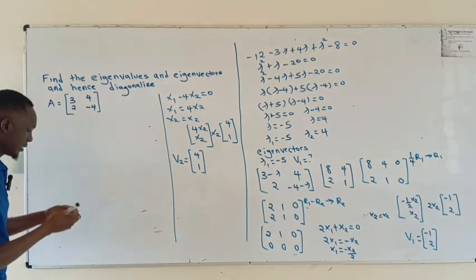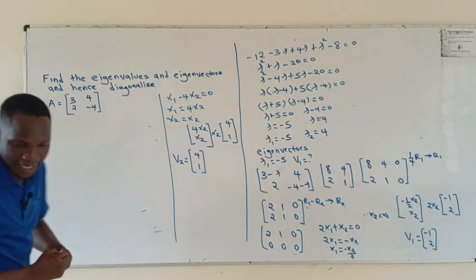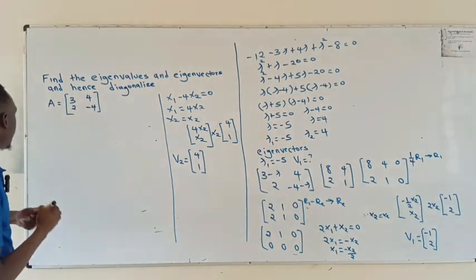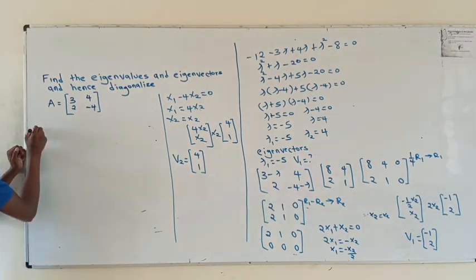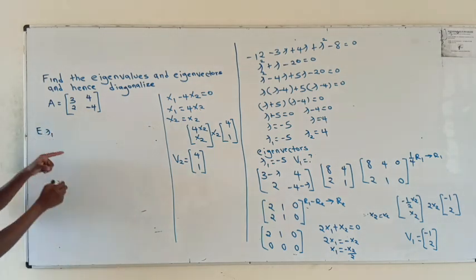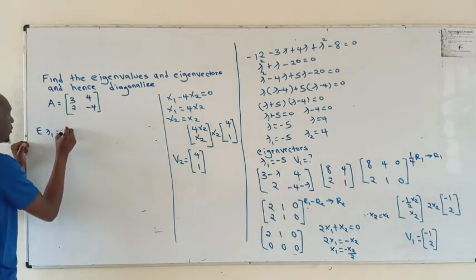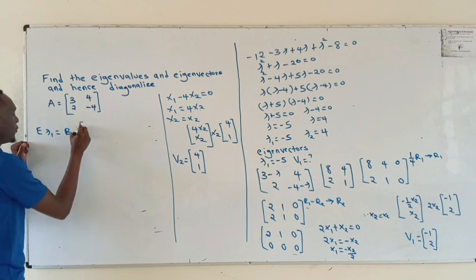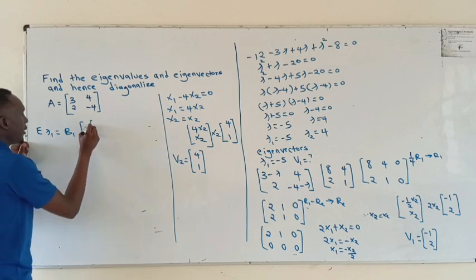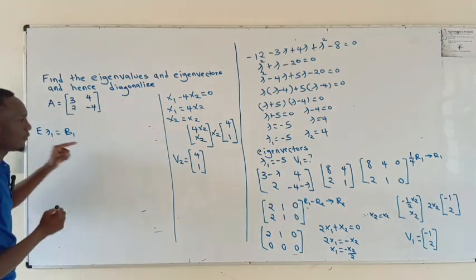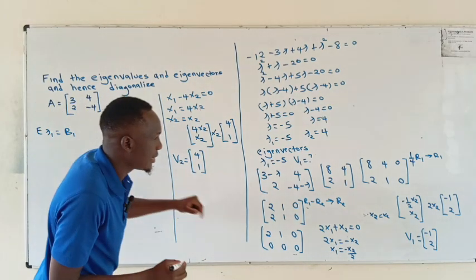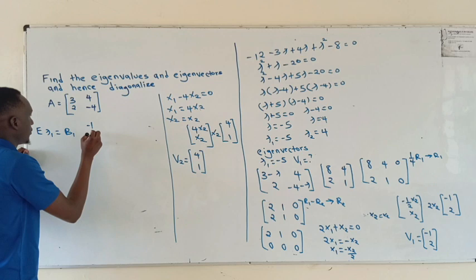We realize that the eigenspace of lambda 1 is equal to the basis of 1. Our basis of 1 is negative 1, 2.